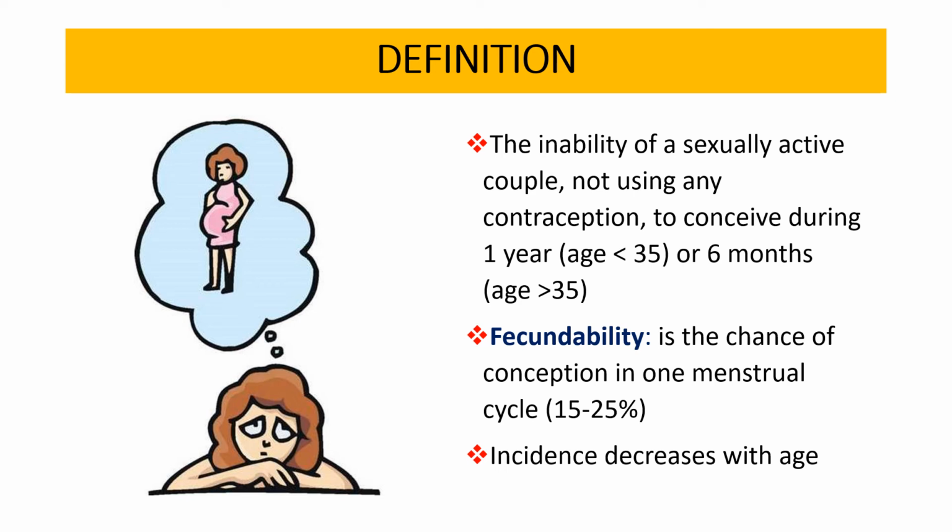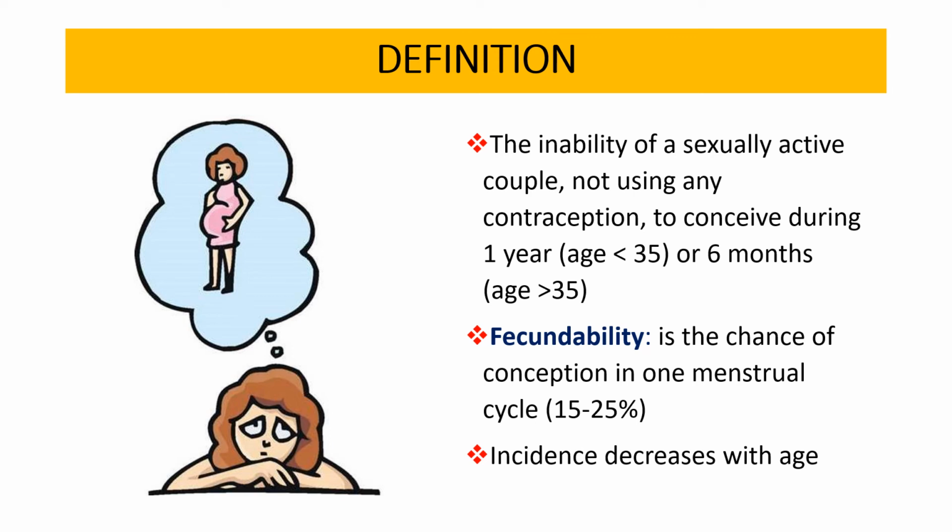Now, one word is fecundability. What is fecundability? It is the chance of conception in one menstrual cycle. Even if everything is normal, the chance of conception is only 15 to 25%.